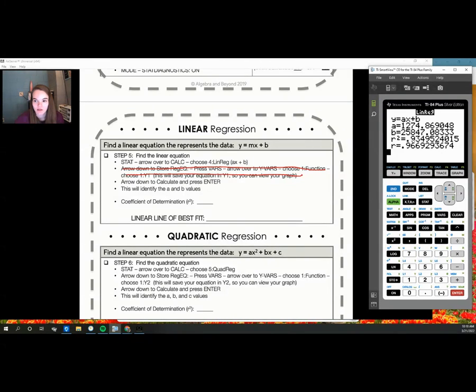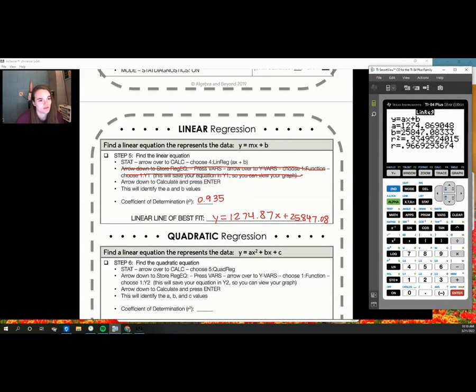All right, we are looking at our coefficient of determination, which is r squared. So r squared in this situation is 0.935, okay? The line of best fit. Notice how this says y equals A x plus B. A is 1,274.87 x plus B, which is 25,847.08.